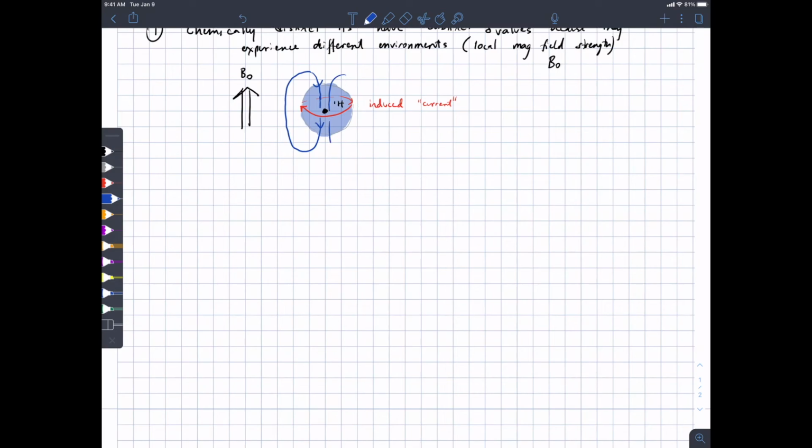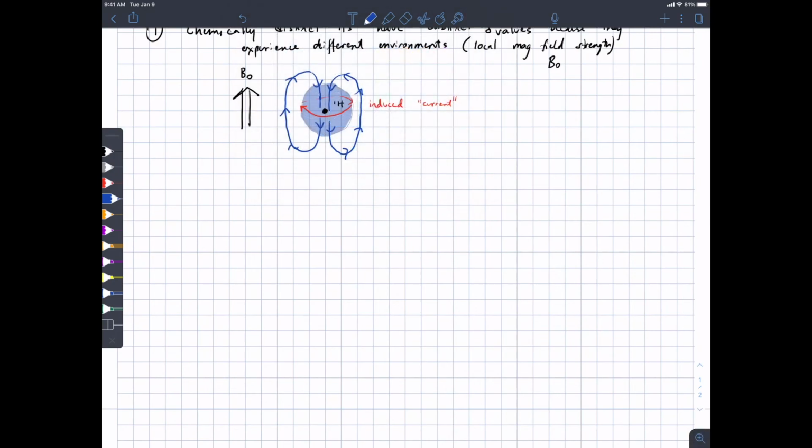And you can predict the direction of that induced magnetic field. Hold on, I got the arrows wrong, didn't I? Look, you can predict the direction of that induced magnetic field based on where the current is going.